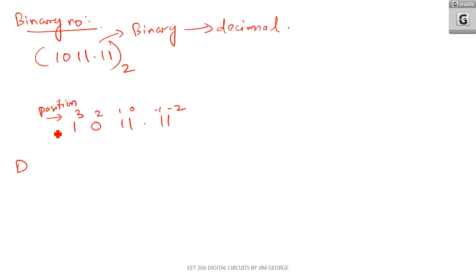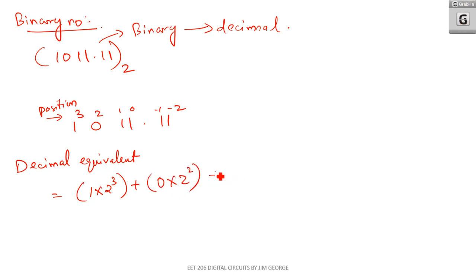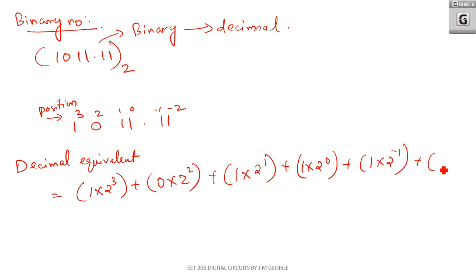Therefore the decimal equivalent of this binary number can be written as 1 into 2 raised to 3 plus 0 into 2 square plus 1 into 2 raised to 1 plus 1 into 2 raised to 0 plus 1 into 2 raised to minus 1 plus 1 into 2 raised to minus 2.